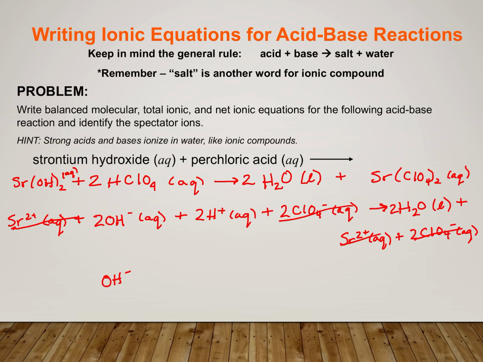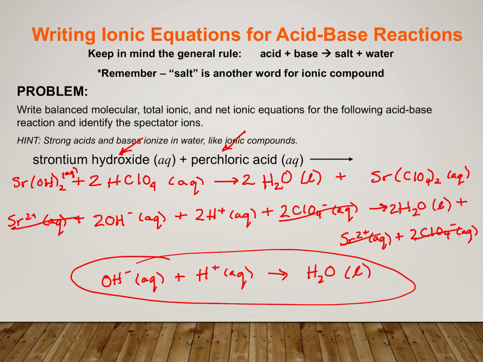So our net ionic equation is going to be our hydroxide plus our hydrogen gives us water. And this will always be the net ionic equation when we have a strong base and a strong acid. If both of them are strong, this will always be our net ionic equation, just based on what they are.